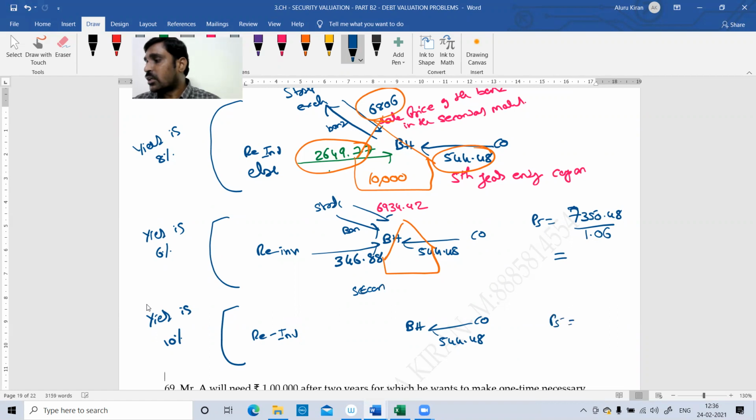Look at this. P0 is equal to 7,350.48 divided by 1.10. I have to take 1.10 because the yield is 10%.